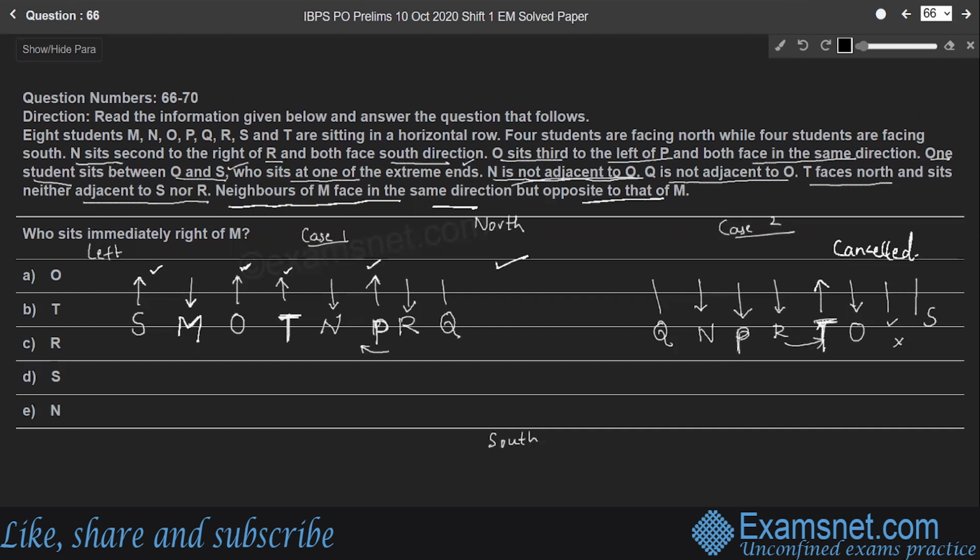Yes, 4 students facing north, and M, N, R, and Q have to face south, right? 4 are facing south. Therefore, the question is, who sits immediately right of M? Immediately right of M is in its direction. S is sitting immediately right of M. Option D is the right answer.